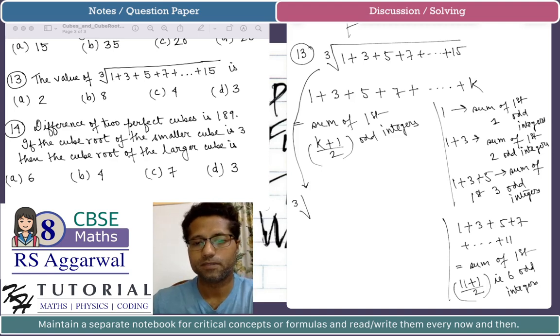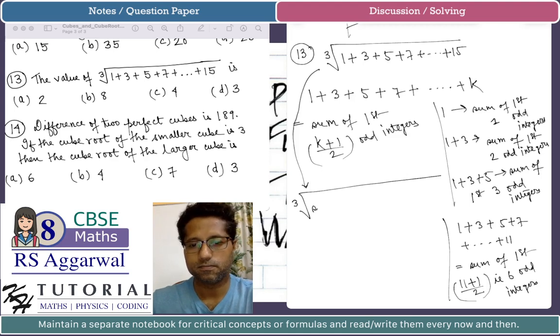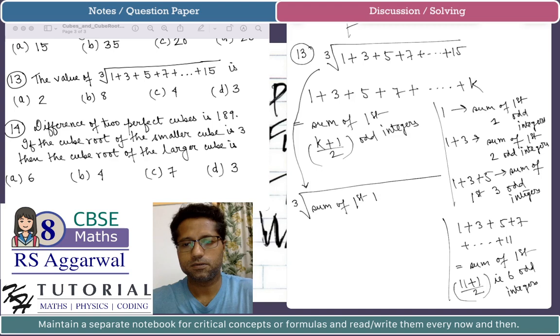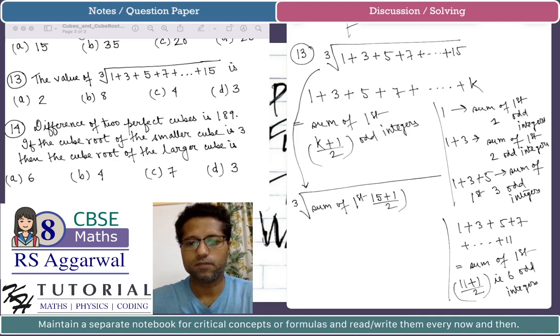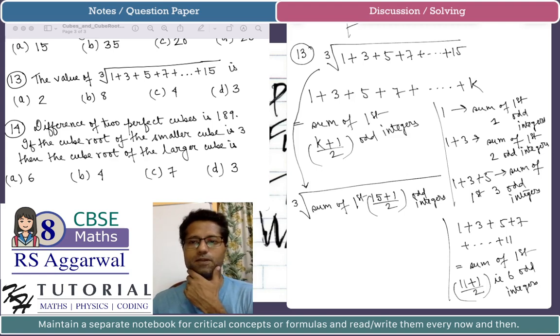So the sum 1 plus 3 plus 5 plus 7 up to 15 is nothing but the sum of the first (15 plus 1) by 2 odd integers.